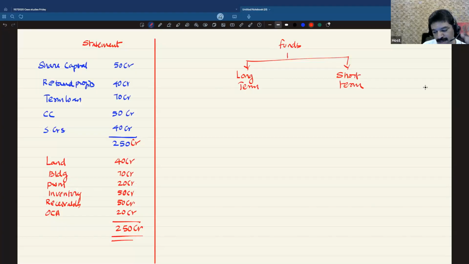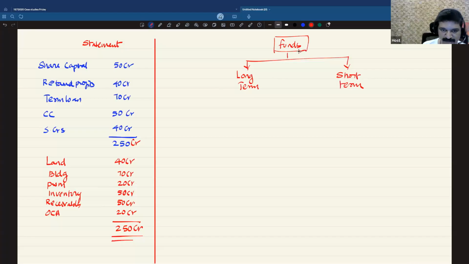Somebody even called me a finance coach who talks a lot about long-term and short-term fund utilization. But I believe this is the ultimate. If this is managed, financial management is taken care of. If you don't understand this, if you make a mess, it becomes financial mismanagement.